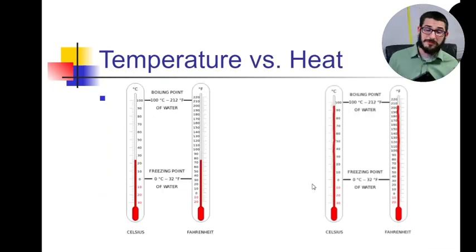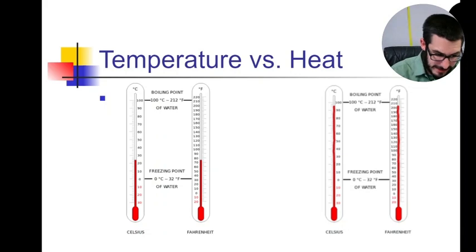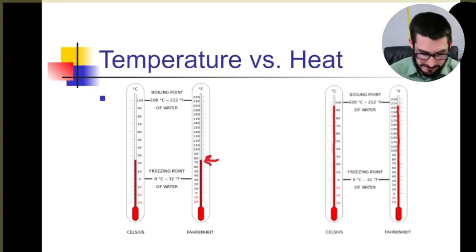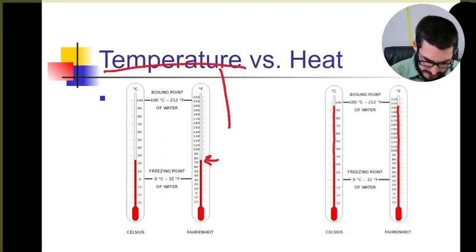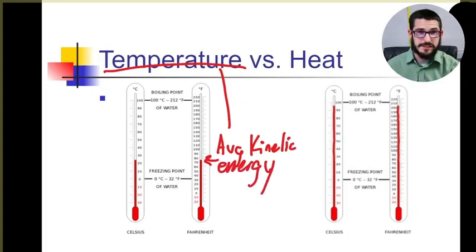Since we're on the topic of temperature, again, that objective that we've got wants us to be able to compare temperature versus heat. So temperature is the measurement of the average kinetic energy of the particles in the air.